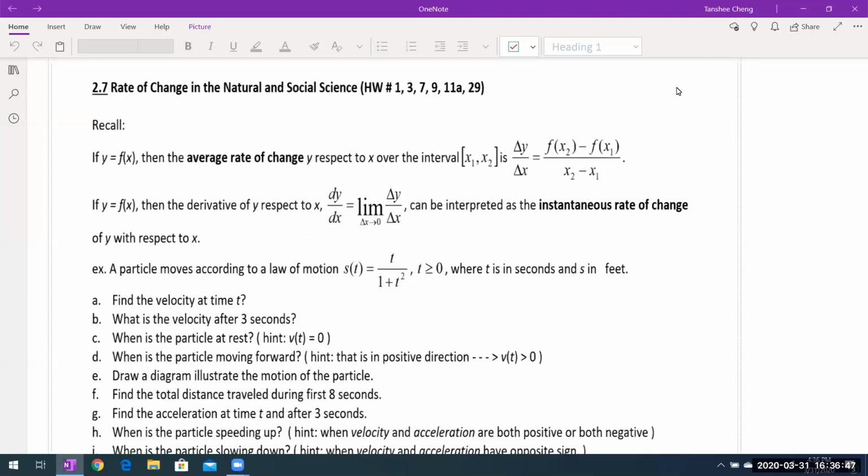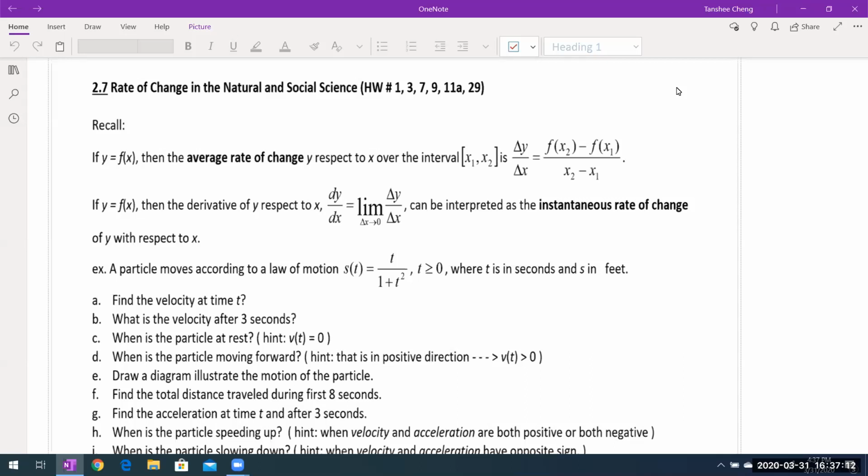So in the previous sessions, we learned the techniques of taking derivatives, right? And earlier than that, we interpreted derivatives as the slope of a tangent line or the instantaneous rate of change of a particular function. That instantaneous rate of change comes up in a lot of natural and social sciences.